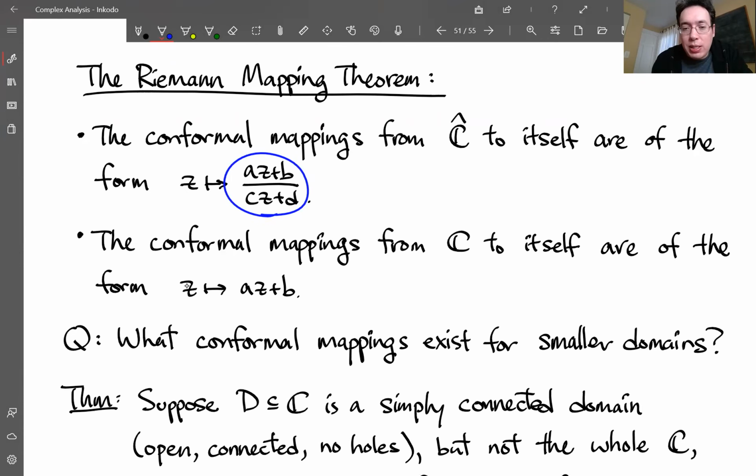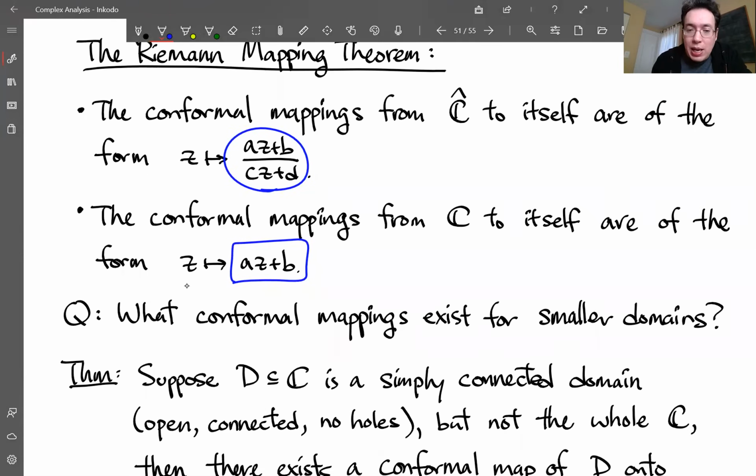We also discussed how if you restrict yourself to where c is equal to 0, then you have a linear function az plus b, and this is a conformal mapping from the complex plane to itself, and infinity maps to infinity. So you could just restrict yourself to look at the plane. Okay, so these are the conformal, angle-preserving maps in this bigger setting.